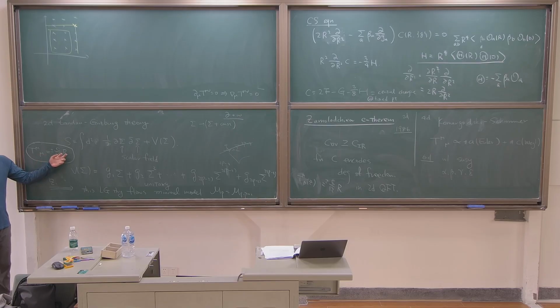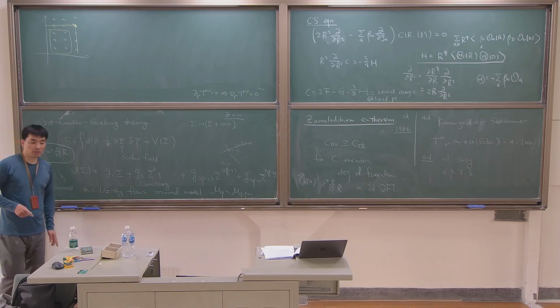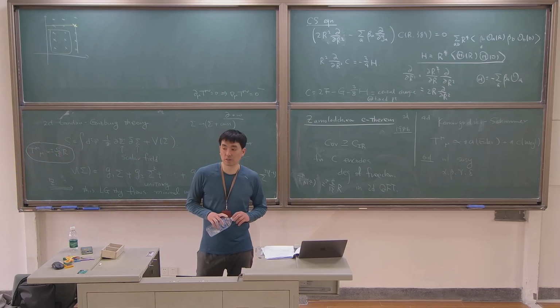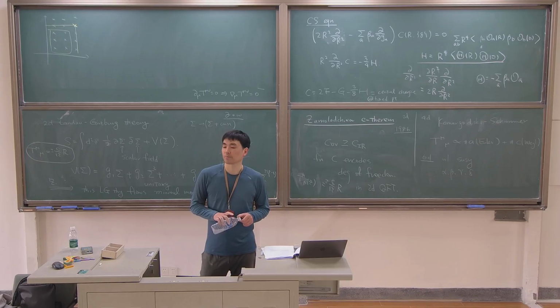It is proportional to the curvature of the background. So you have to be careful about this point. But apart from that, I think nothing prevents you from generalizing the c-theorem to the curved background.